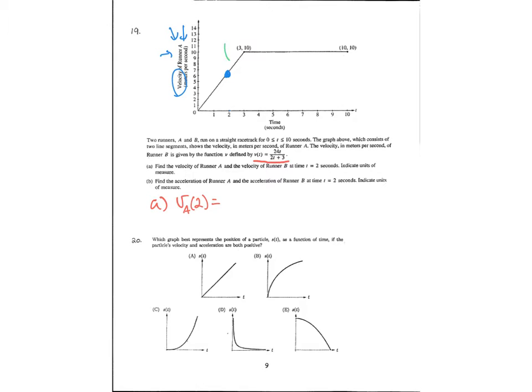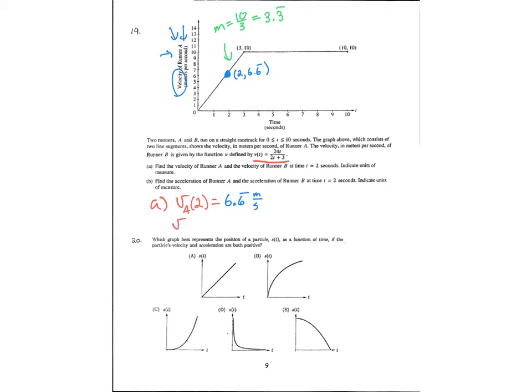So the slope of this line would be 10 thirds, or 3.3 repeating. And that means that for every 1 unit we go over, we'll go up 3.3 repeating. So the velocity at time 2 would be 6.6 repeating. So the velocity at time 2 of runner A is 6.6 repeating meters per second.